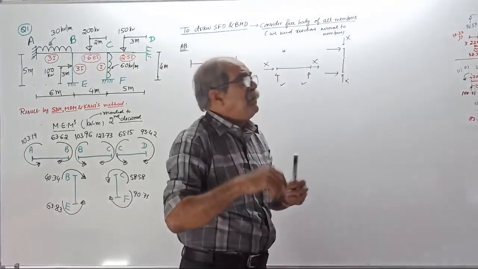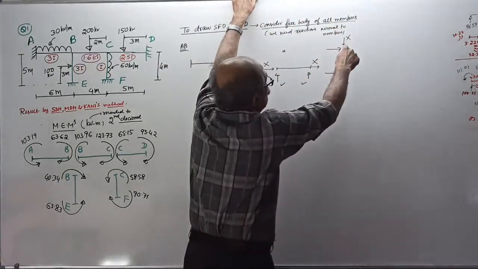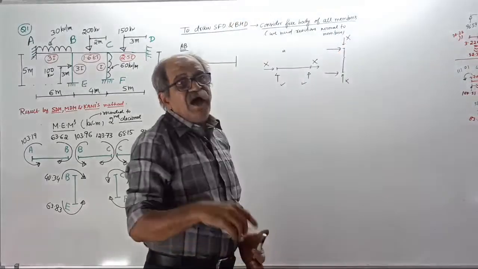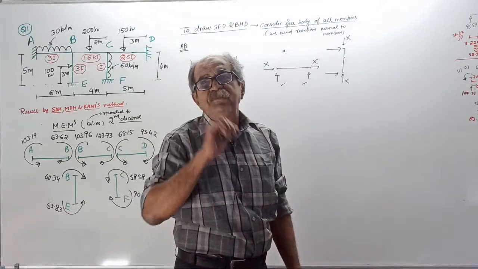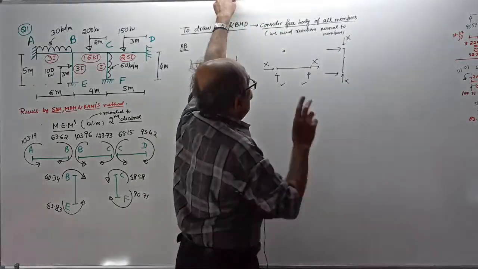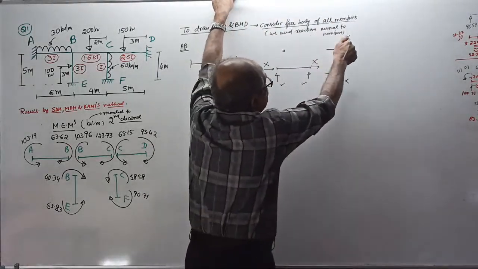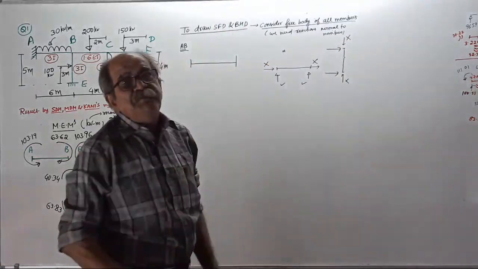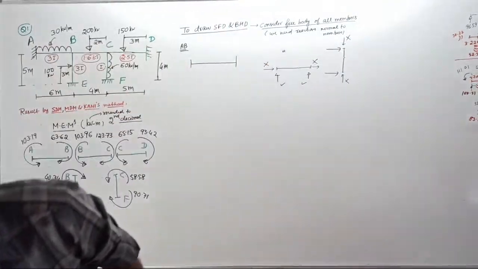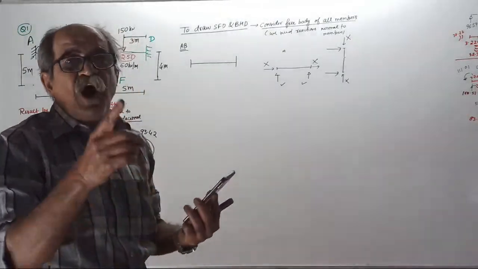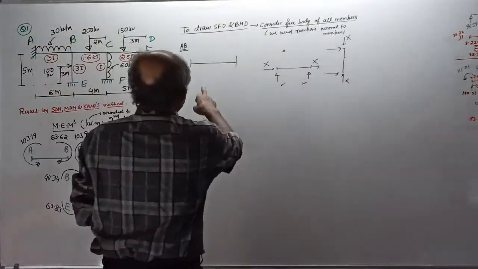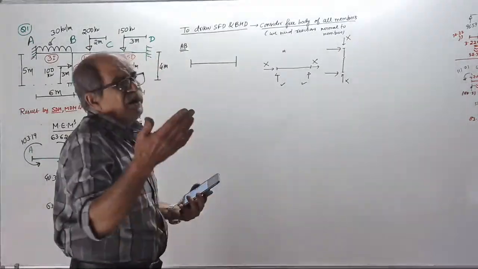But actually, remember, I will tell you later that the vertical reaction will give compression for the column. So for practical knowledge, vertical reaction for columns is important. Yes or no? Vertical axial force for columns is important. Axial force for beams, we are not interested.